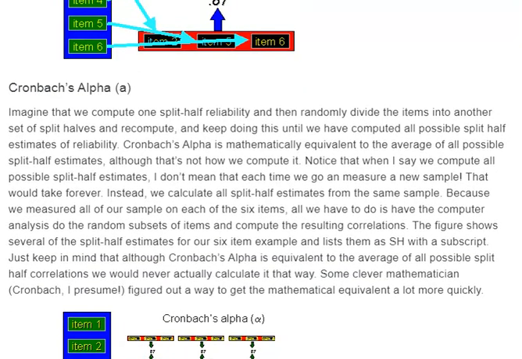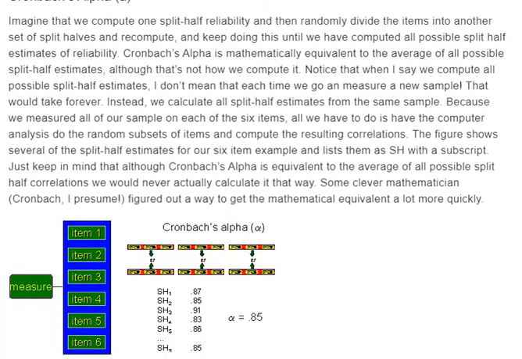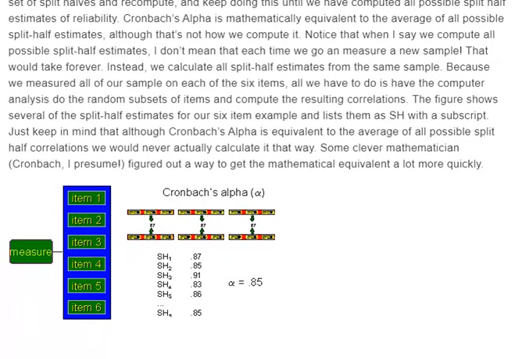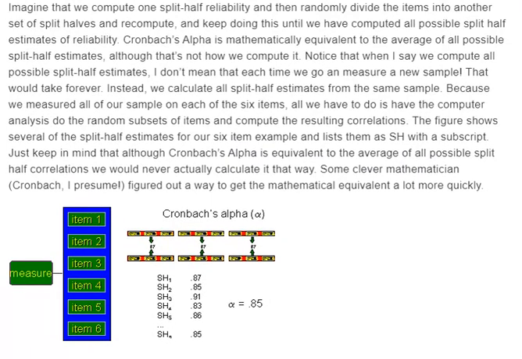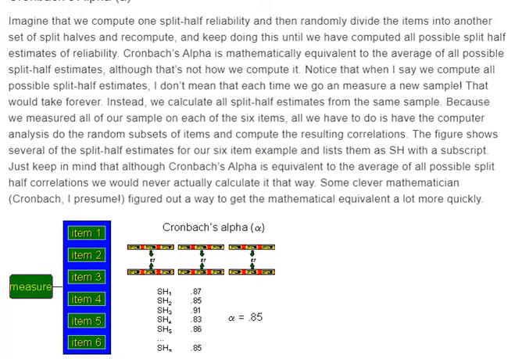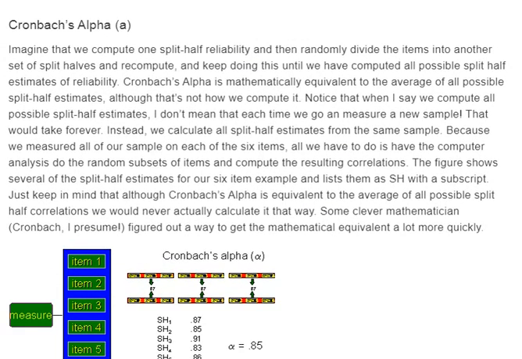Now, Cronbach's alpha is also one type of internal consistency. Imagine that we compute one split half reliability, then randomly divide items into another set of split halves and recompute, and keep doing this until we have computed all possible split half estimates of reliability.